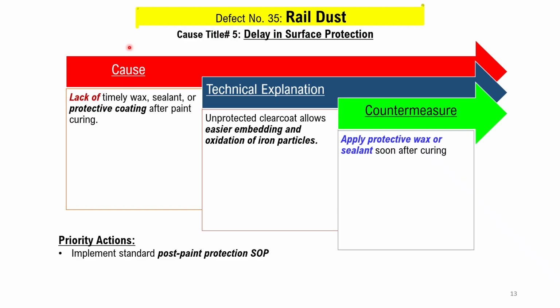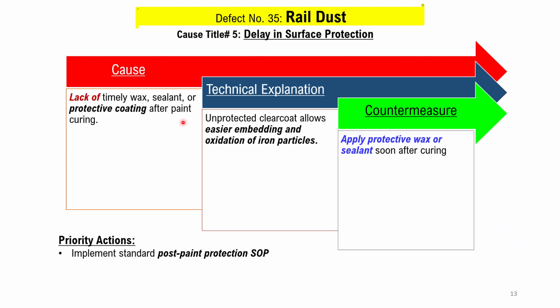Fifth probable cause related to the rail dust defect is delay in surface protection. That is, lack of timely wax, sealant, or protective coating after curing.